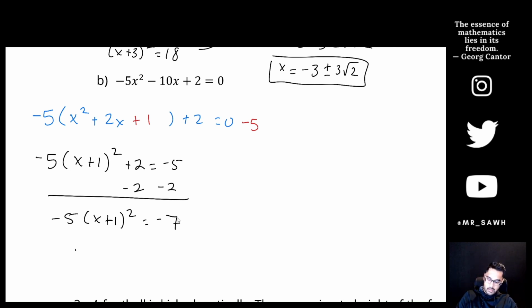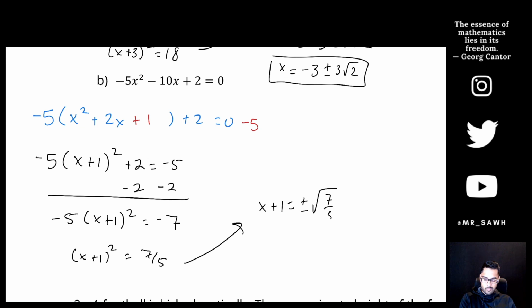Divide. So you've got x plus 1 squared is equal to 7 over 5, which you can still square root as a fraction. So x plus 1 equals the positive or negative square root of 7 over 5. X is equal to negative 1 plus or minus the square root of 7 over 5.